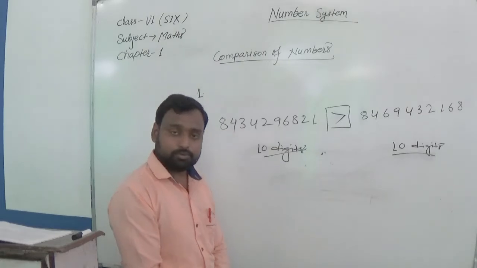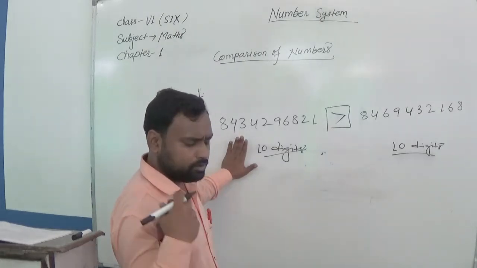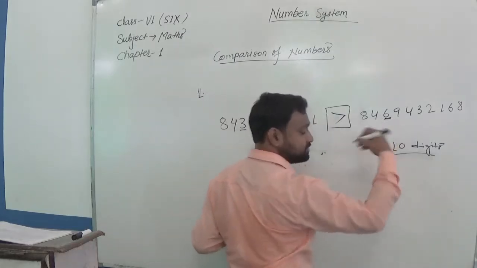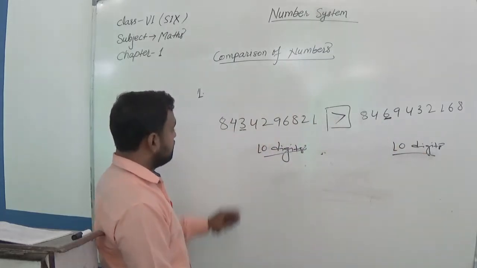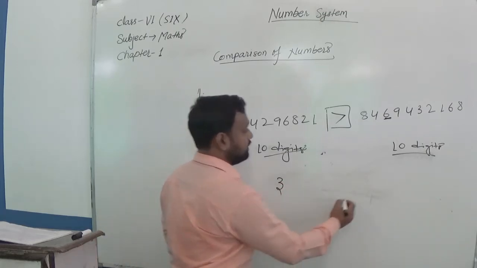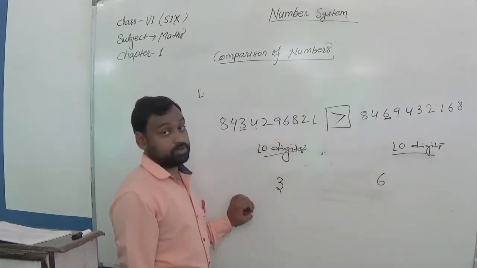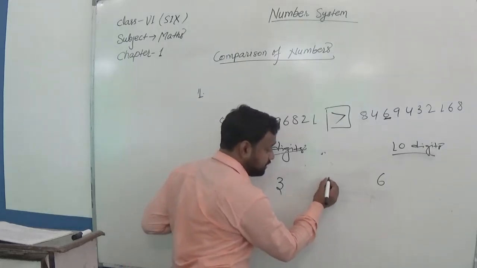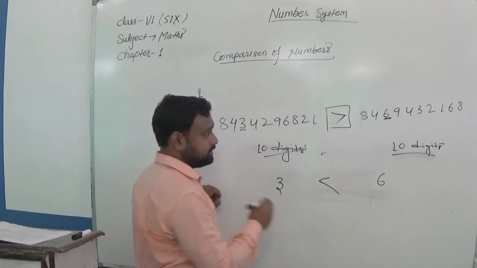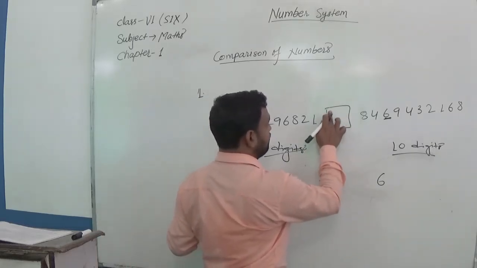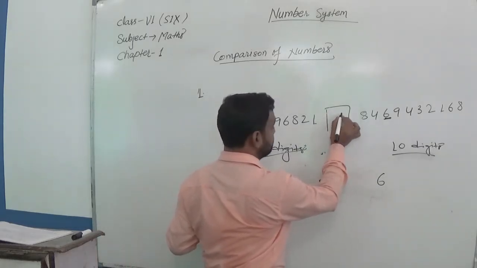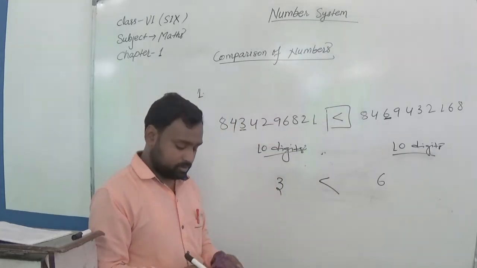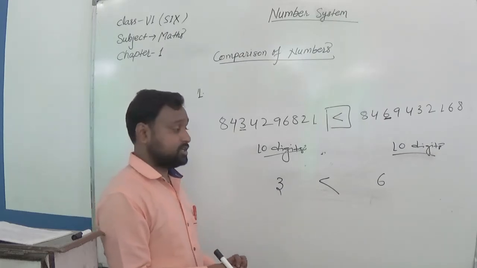In that case, what will we do? No need to worry. We move to the next digit to the right side. Here we have 3. Here we have 6. Now what do you find? 3 is less than 6. That's why this number will also be less than this number. In this way you can compare any numbers easily.